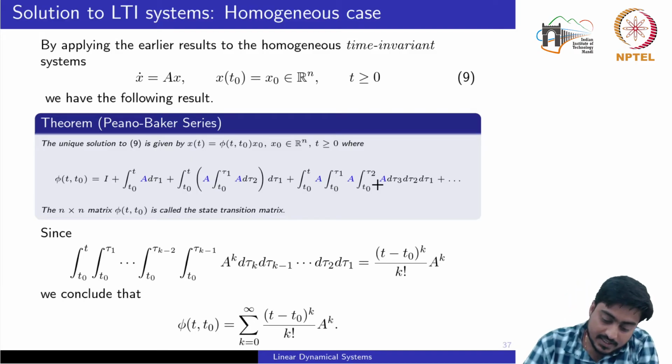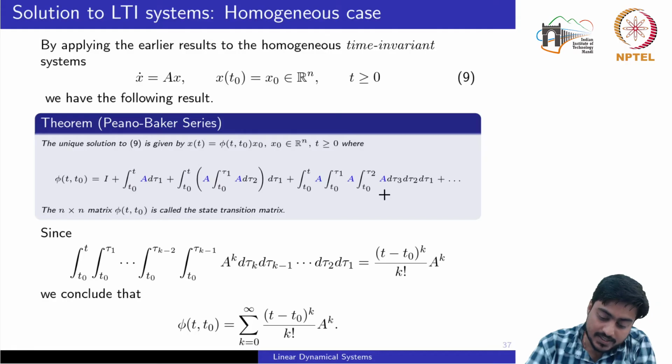Now let's consider the kth term, the kth element of this series. This is the zeroth element, then the 1st, 2nd and the third element. If we consider the kth element, I would have the outer integral from t naught to t, the subsequent integral from t naught to tau 1, and the last integral would be from t naught to tau k minus 1.